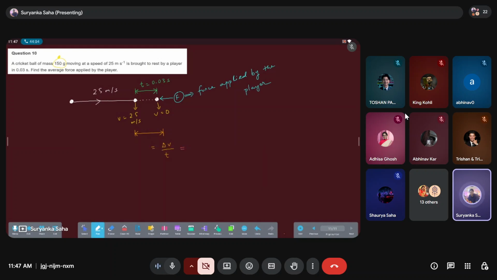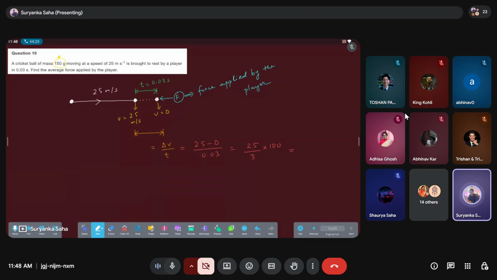Delta v is 25 minus 0, and time is 0.03. So it is basically 25 by 3 by 100. I am writing this 100 in the numerator.